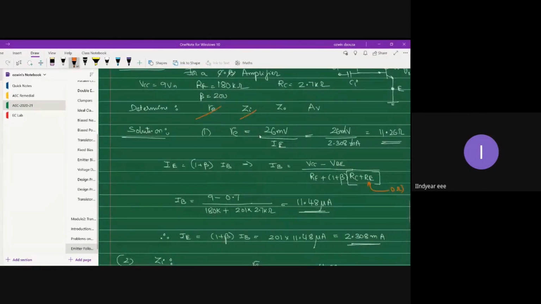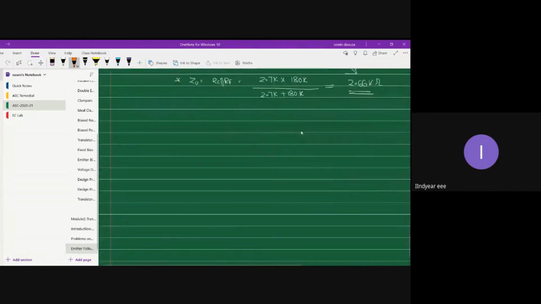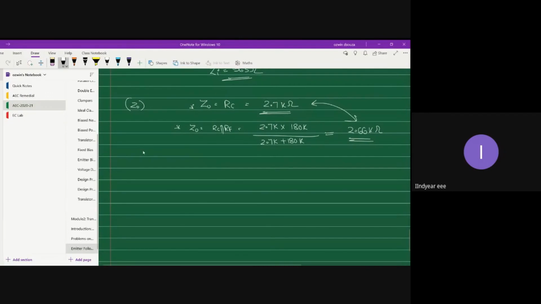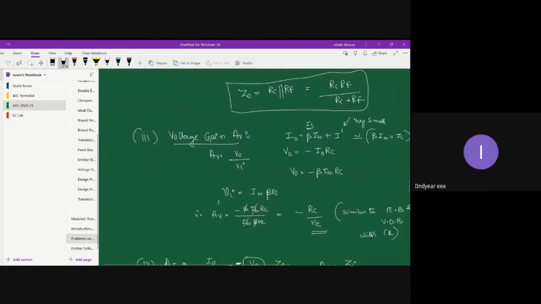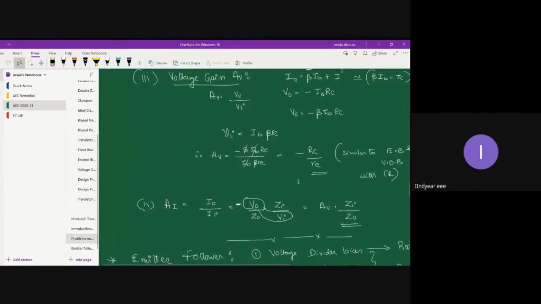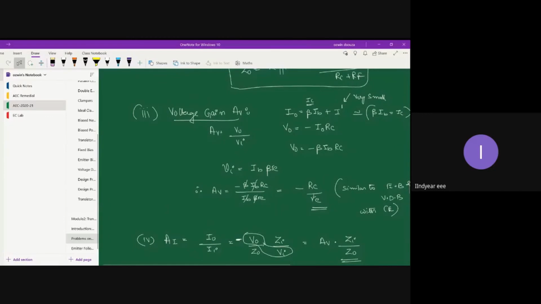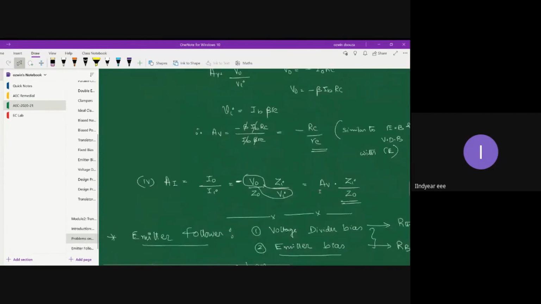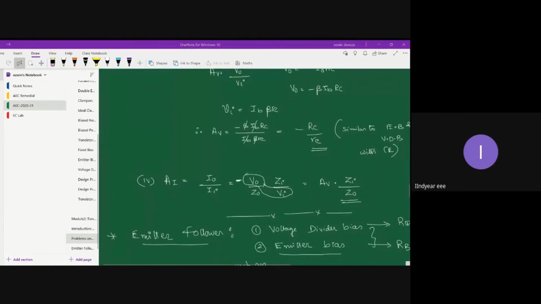So even Z0 is found, and finally we have AV. Okay, so AV expression, we obtain AV as here. Approximately AV is minus RC by RE. So let's go back.